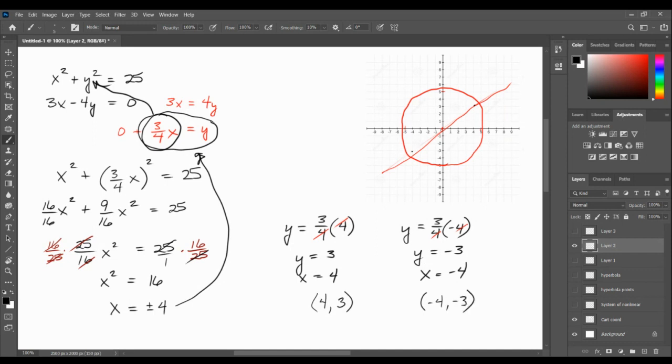We could, if we wanted, go to Desmos and plot these. That's definitely an option. As a matter of fact, let me go ahead and do that. I think that might be of some value to us. I happen to have Desmos open.